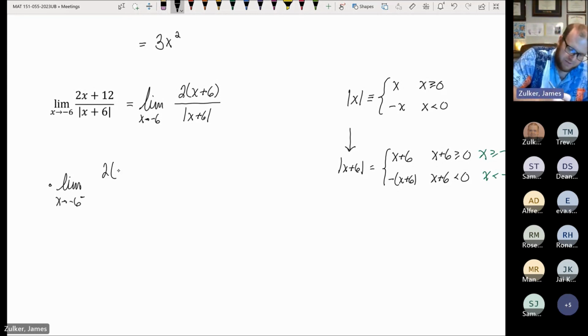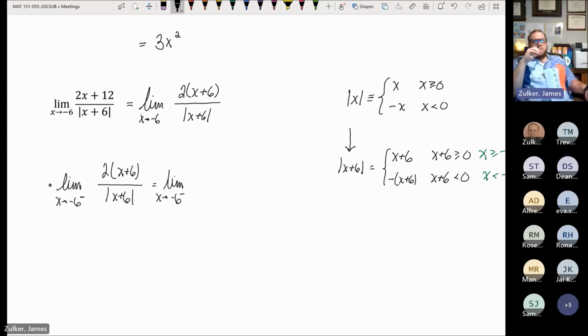Let's start with the left. If we're approaching -6, I'm sorry, not 6, if we're approaching -6 from the left, then what do we know about the values of x?